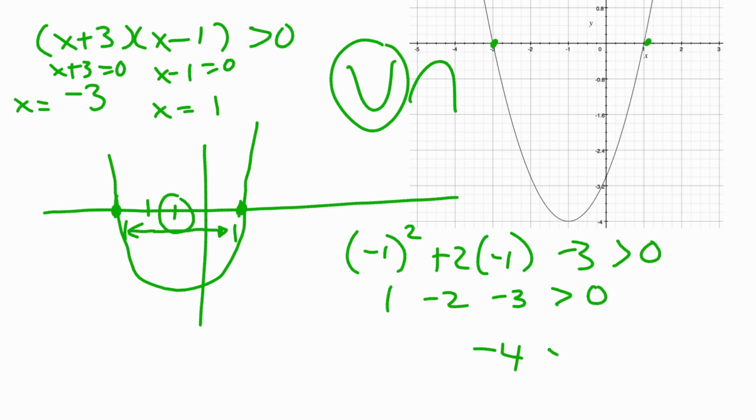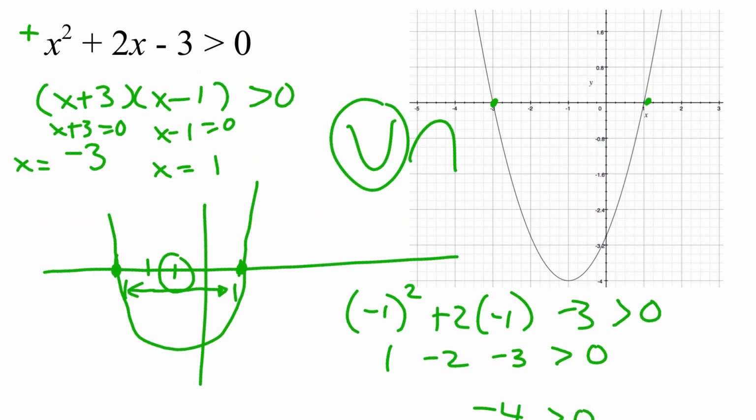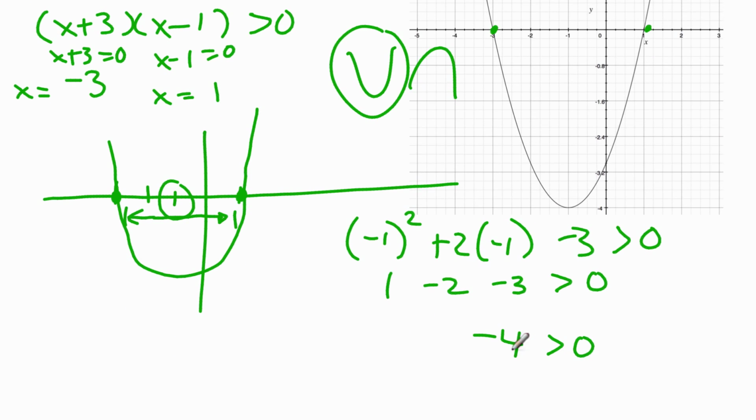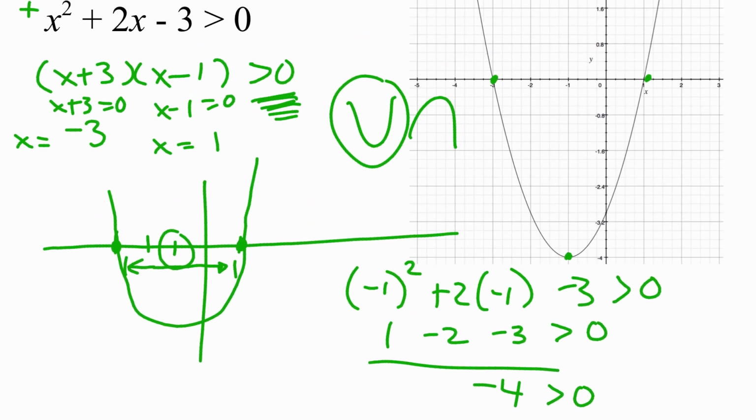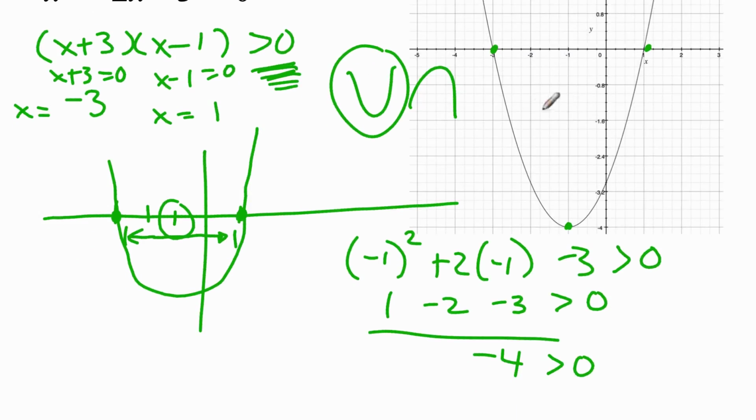Notice that -4 isn't greater than 0, so it doesn't belong to the answers for x there. But one thing I get from this is that my answer to this is a negative number. So at -1, my graph will be -4. Since it's negative, it doesn't fall into that category where things have to be bigger than 0.